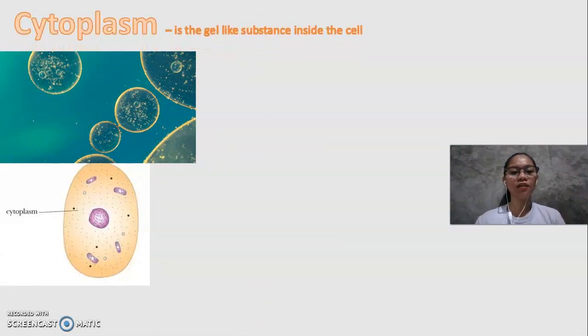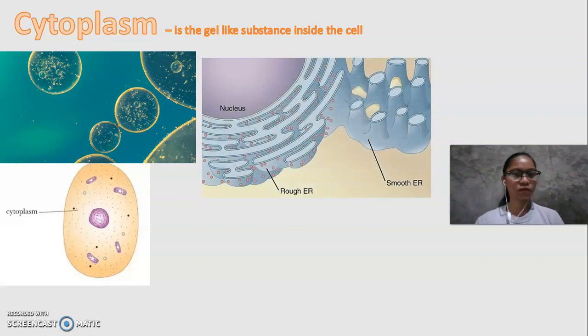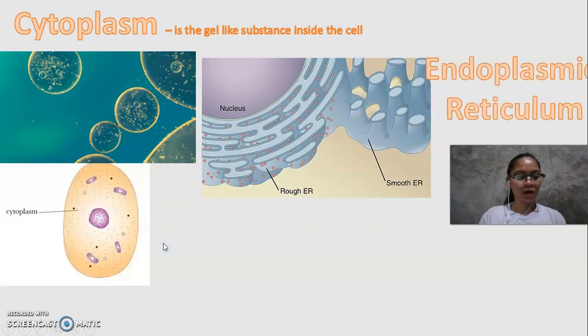Cytoplasm is the gel-like substance inside the cell. Ribosomes may wander freely within the cytoplasm or attach to the endoplasmic reticulum or Golgi. There are two types of ER, the rough ER and the smooth ER.